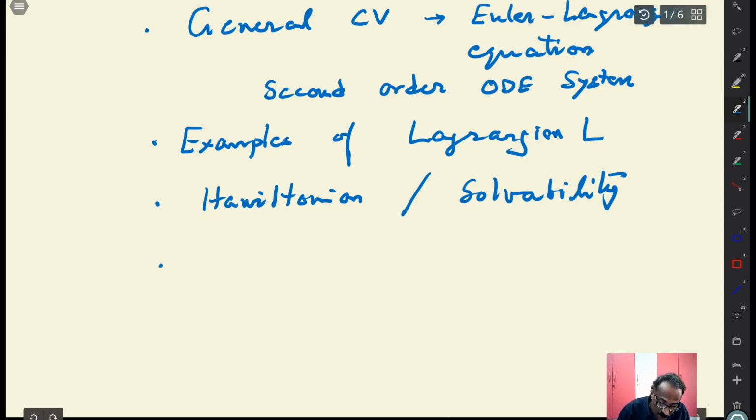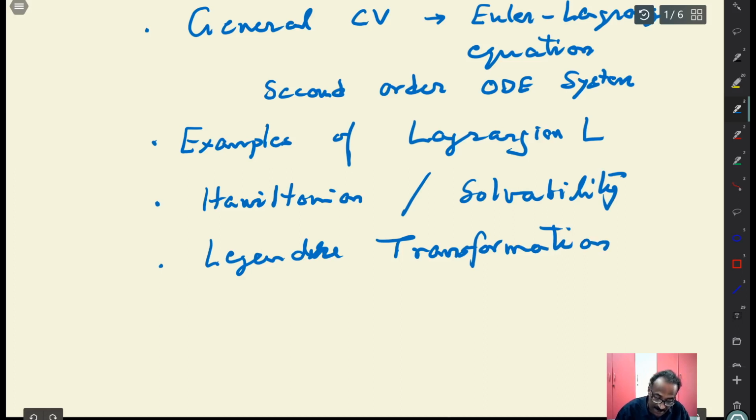And after that we introduced what is called the Legendre transformation, because there is a connection between L and H. L is the Lagrangian and H is the Hamiltonian.